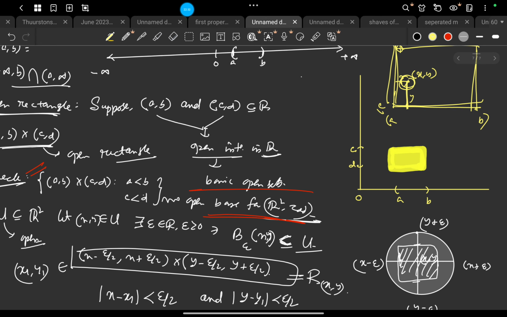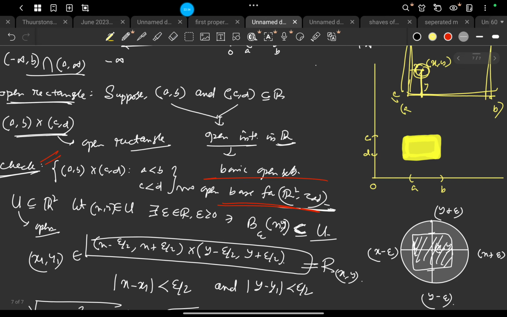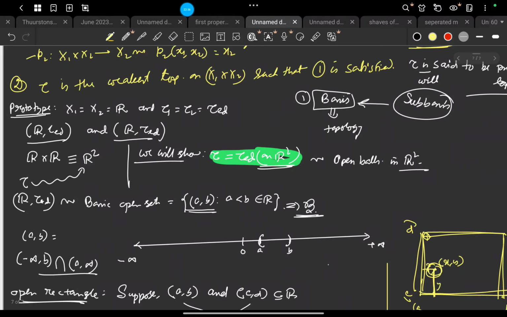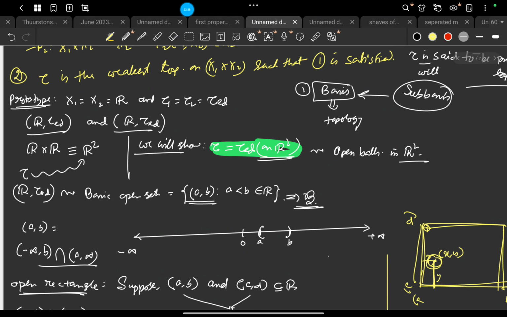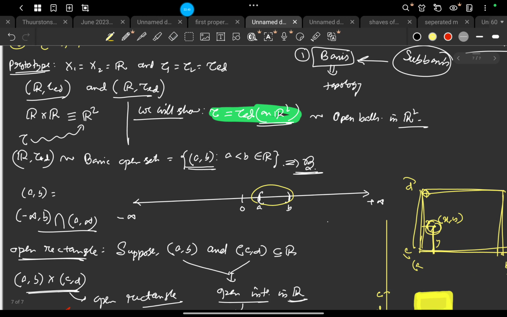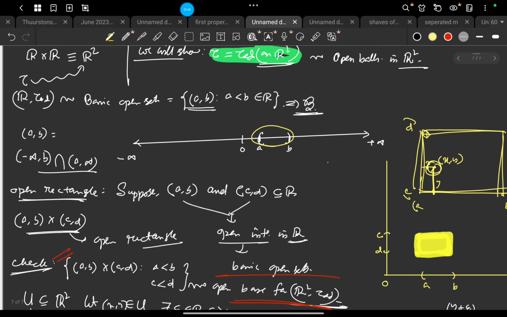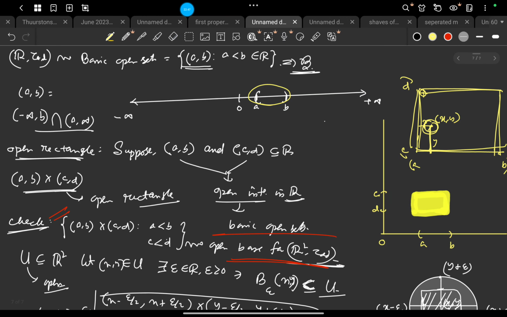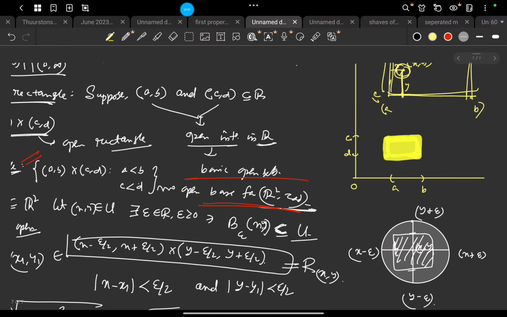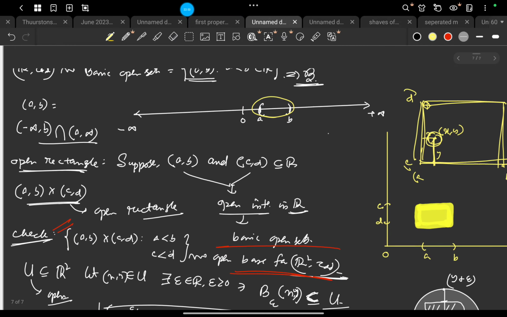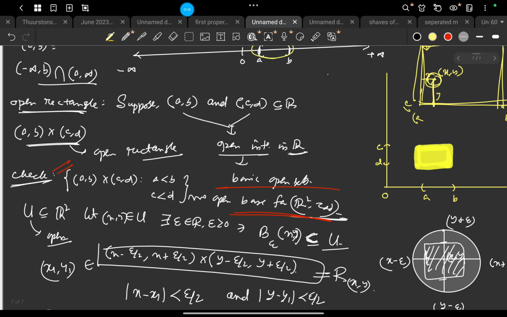All right. Now, in the case of the normal Euclidean topology we had certain basic open sets, and now we will try to construct a sub-basic open set for this topology. So for now on, in the case of the product topology, I will consider the basis which consists of open rectangles.